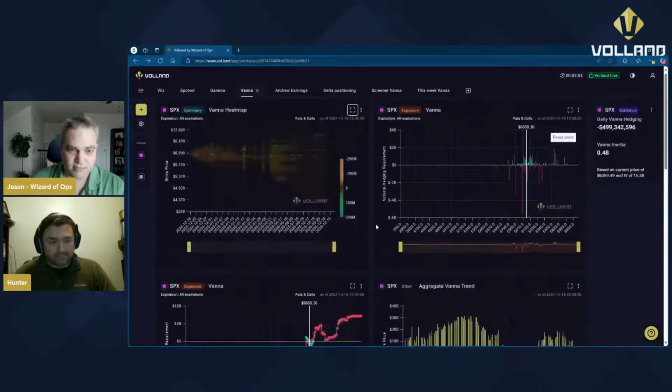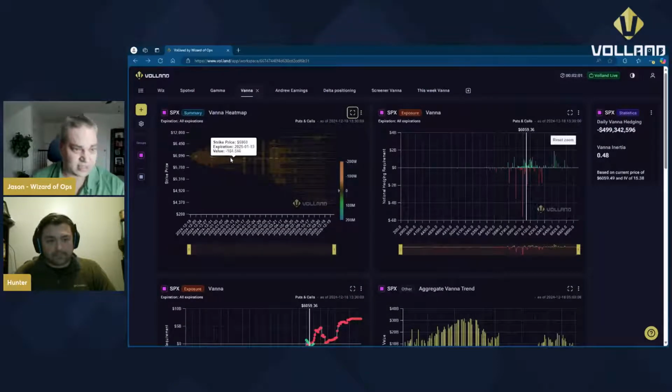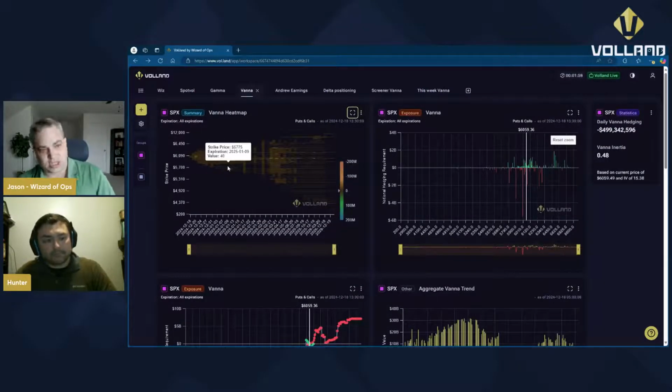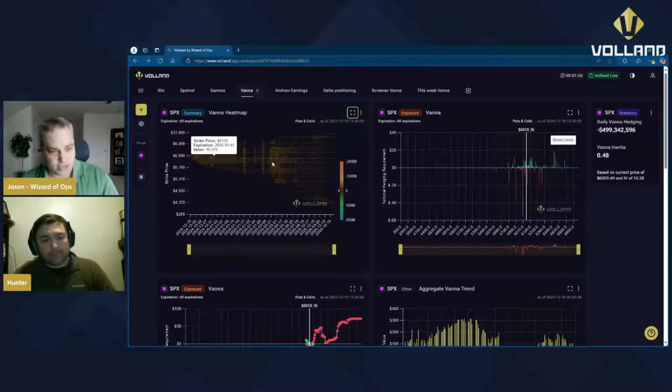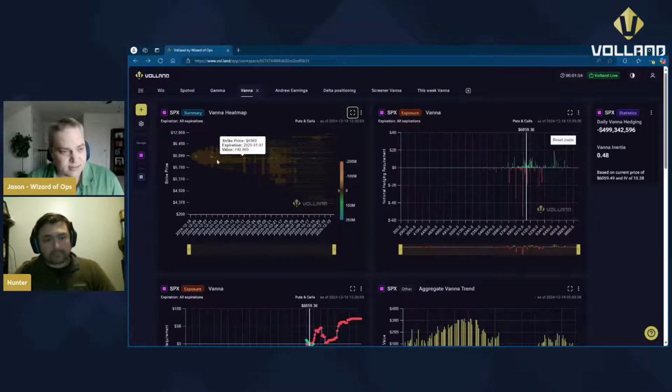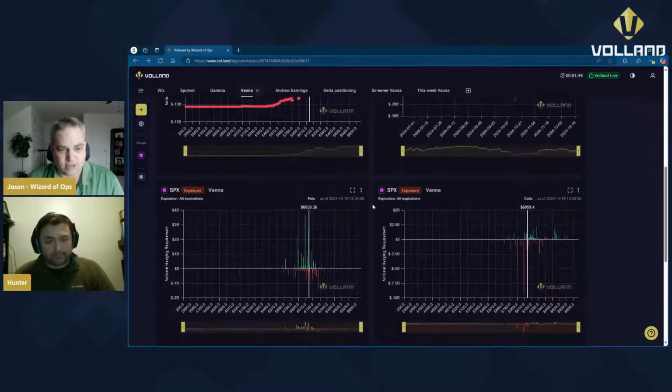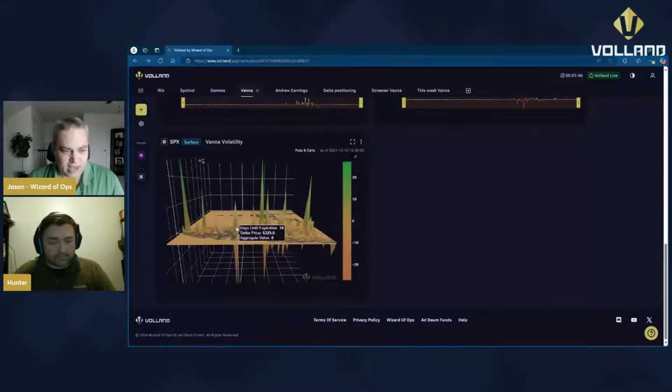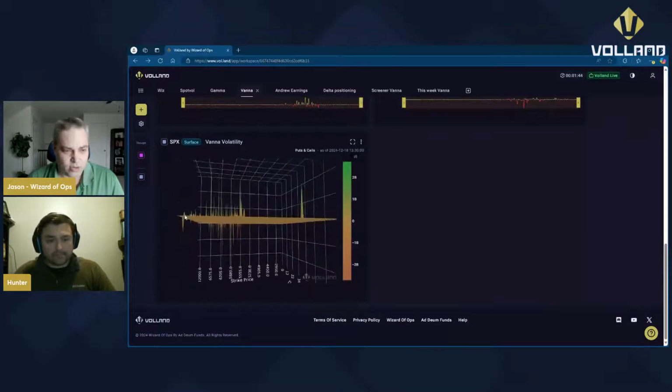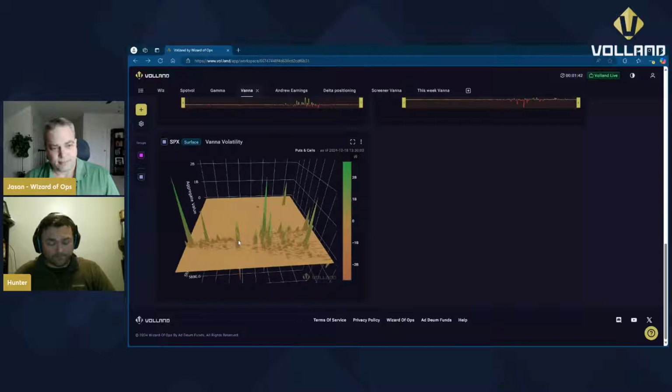So the heat map gives you how much the changes are on each strike based on their vanna exposure and volatility changes. This one is giving you a vision of what that exposure is. It's not including the volatility change.